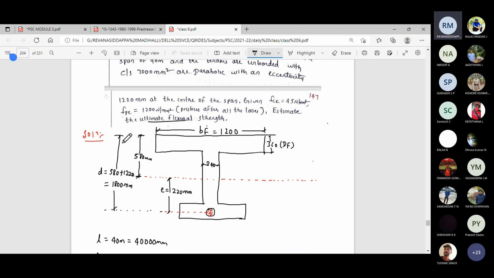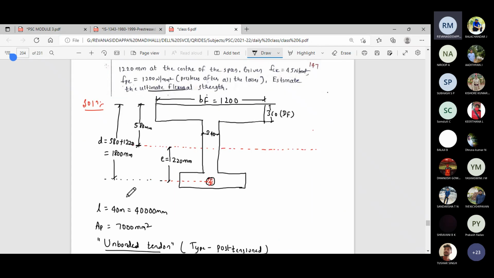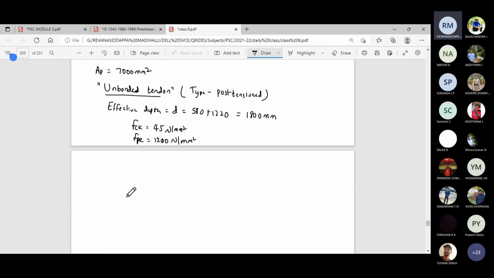If you compare the overall depth of the I section, here it is very high, 1800 mm, 1.8 meter depth. When depth increases, definitely there will be a shift of the neutral axis into the web from the flange. So on that basis, I will assume the depth of neutral axis lies within the web.